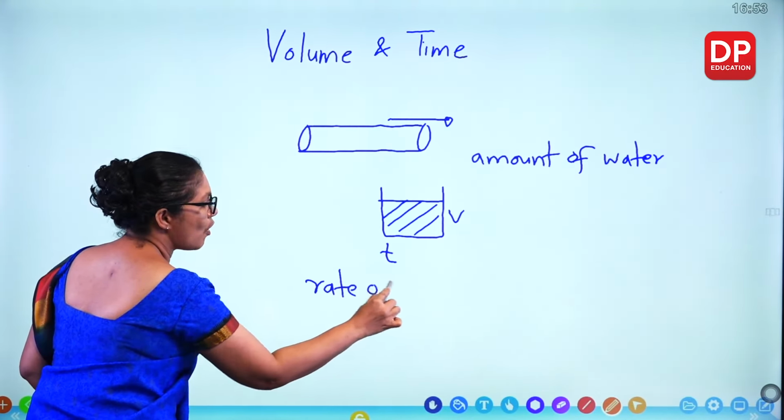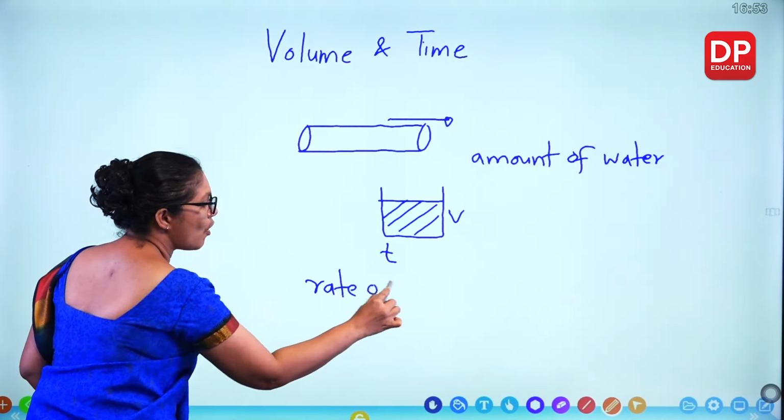So what's the unit now? Now this is about volume. Volume we can measure using liters and time per second. So here liters per second. So what's the rate of volume? Liters per second, L s minus 1. Or you can measure with milliliters. How many milliliters for a liter? 1000 milliliters for 1 liter.